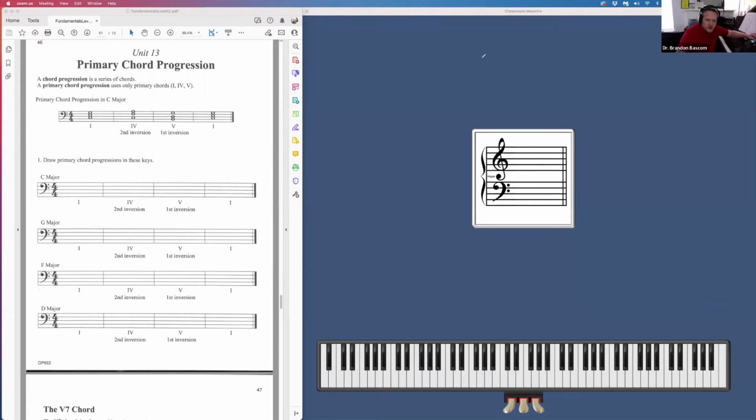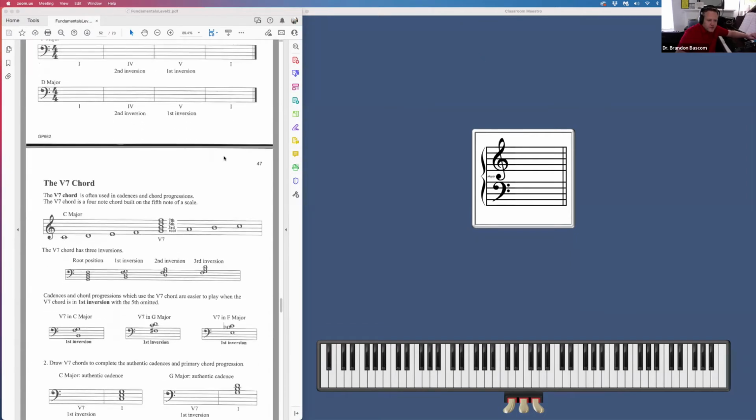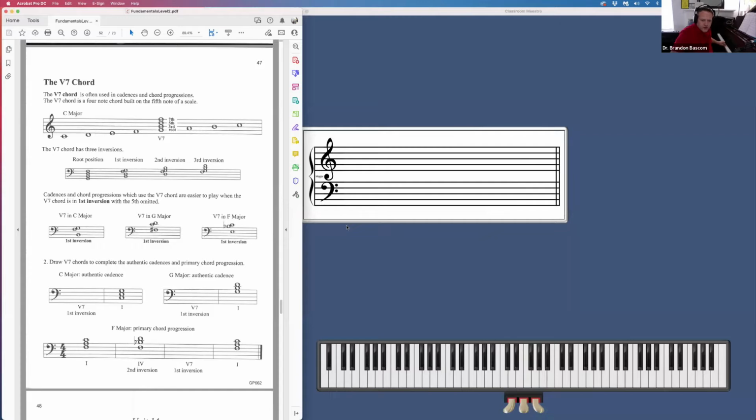And then in page 47, they're going to introduce the dominant 7th chord. So if we go to the 5th chord, and we add a 7th, the root, 3rd, 5th, and 7th on top, that's the dominant 7th chord.